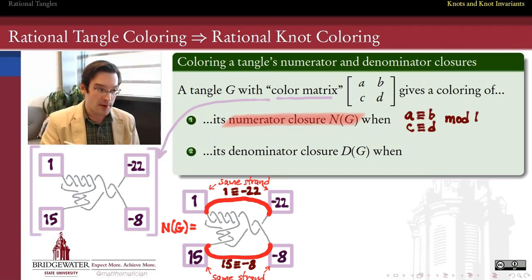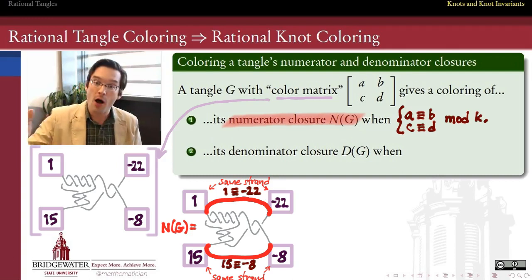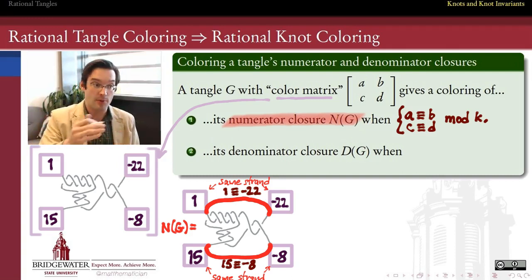So in order for this to work, we need A and B to be congruent, mod some k, and C and D need to be congruent, modulo that same k. If we reduce all of the integers in my diagram with respect to that modulus, then we'll be in good shape. We'll have a valid coloration for this knot.